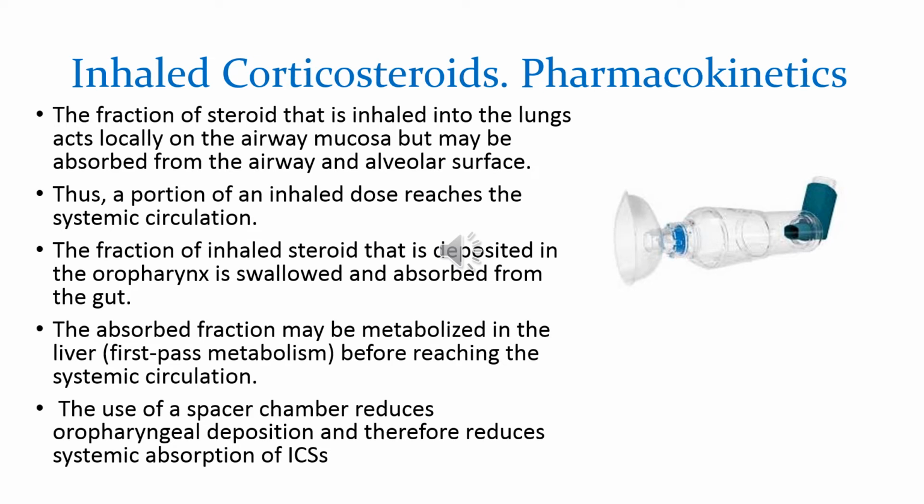The absorbed fraction may be metabolized in the liver, first-pass metabolism, before reaching the systemic circulation. The use of a spacer chamber reduces oropharyngeal deposition and therefore reduces systemic absorption of ICS.